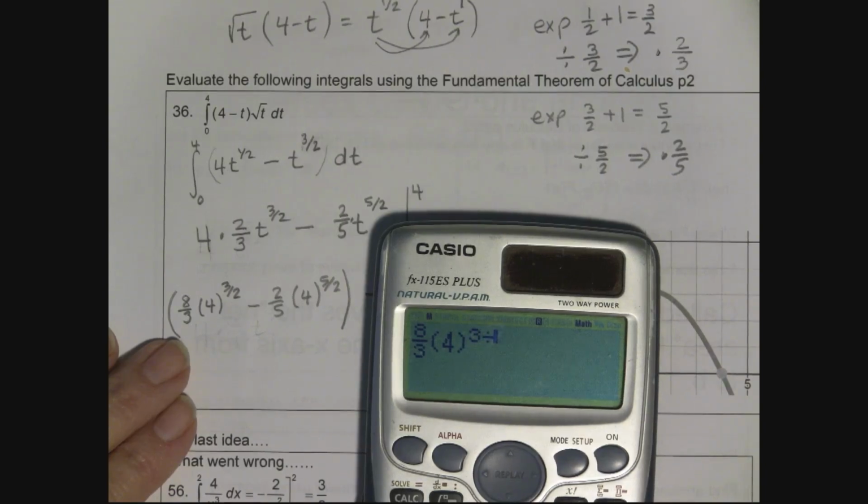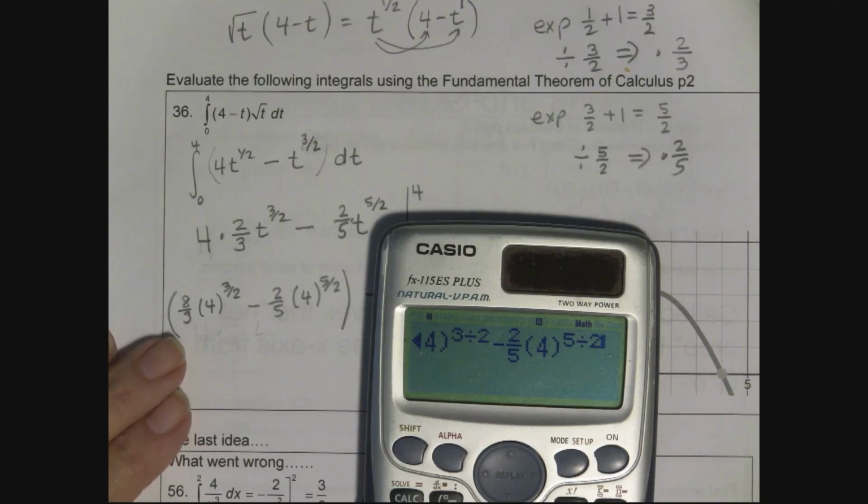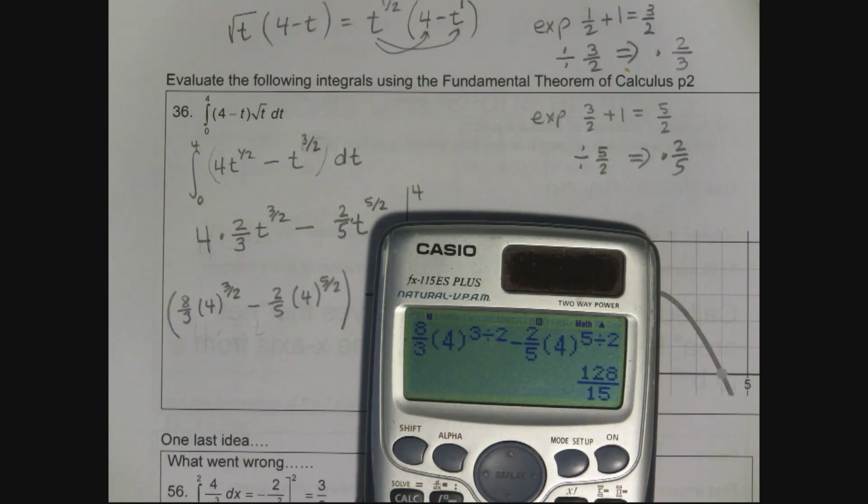And I'm really grateful to have a calculator that you can just put it in just like you see it. When I was a student, you had to do it by hand, and that was where I made a lot of those mistakes, doing it by hand and not thinking correctly. I decided to put in 5 divided by 2 instead of 5 halves with a fraction key, but you can put it with your fraction key.